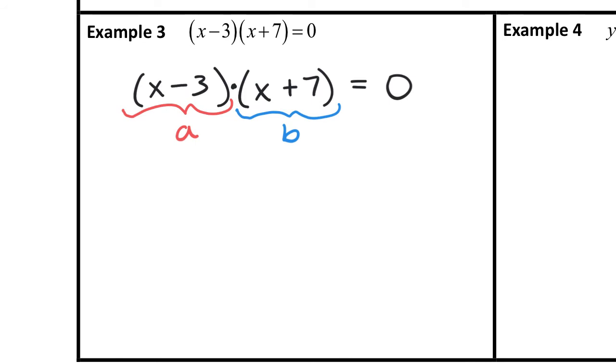So we can assume that either x minus 3 is 0 or x plus 7 is 0.